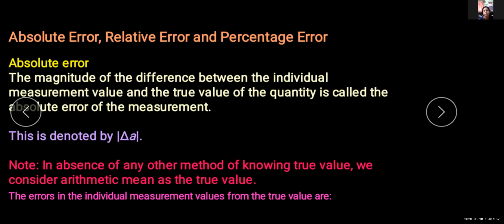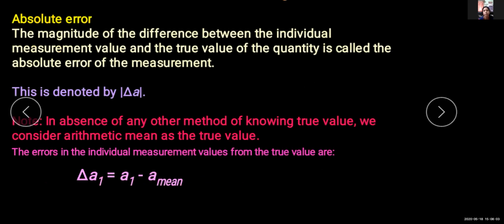So the errors in individual measurement values from the true value are delta A1 equal to A1 minus A mean, where A mean is the true value, and delta A2 equal to A2 minus A mean.